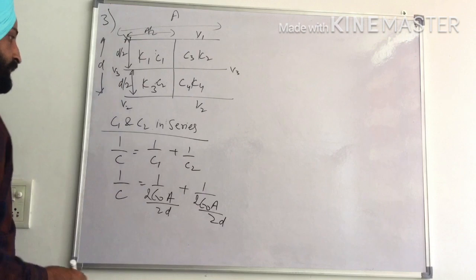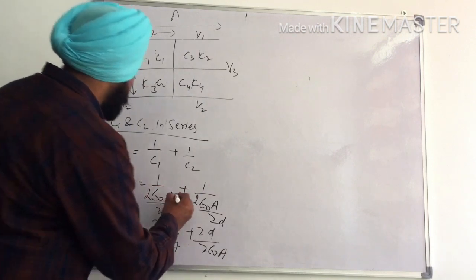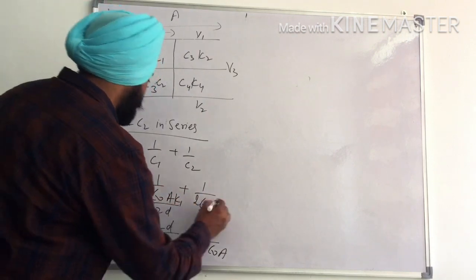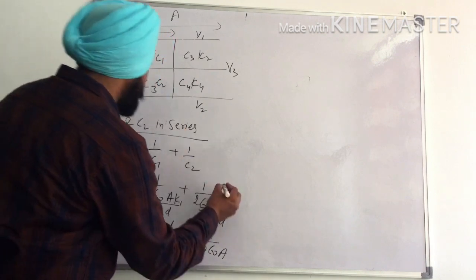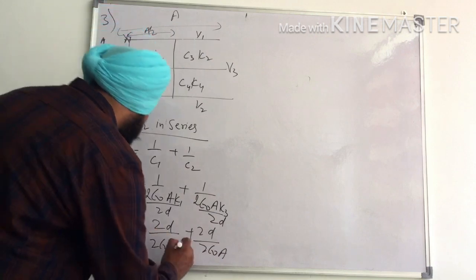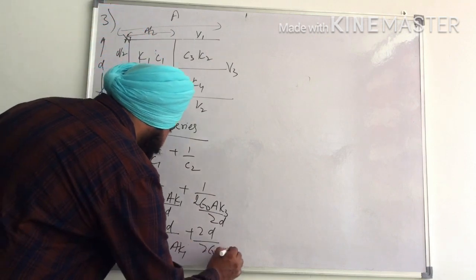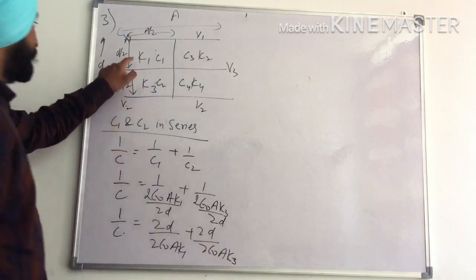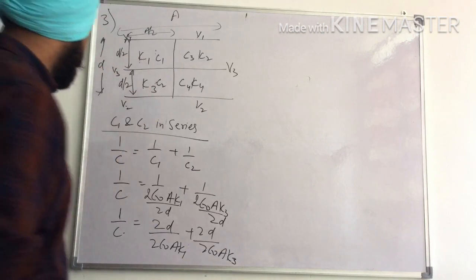So here we also need to put the value of K1 and K3. So this will be K1, this will be K3, because they have dielectric constants of K1 and K3.